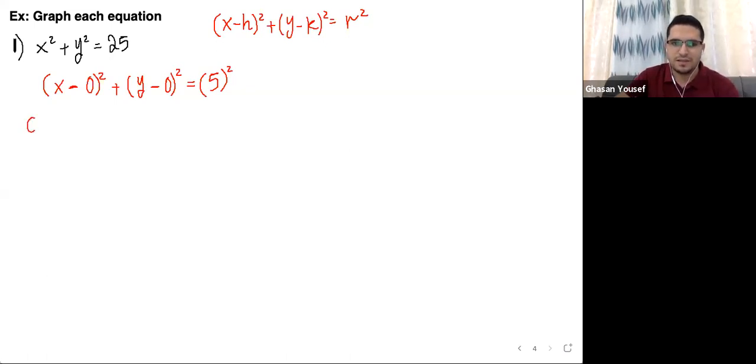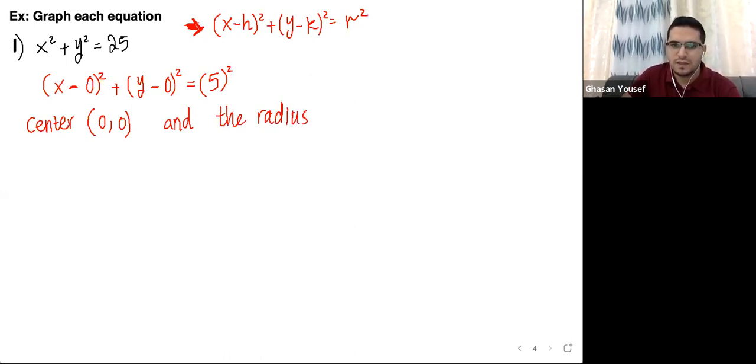Now the center, by using this equation, the red one, and going back to the original formula for the circle, the center here is 0, 0, and the radius is 5.